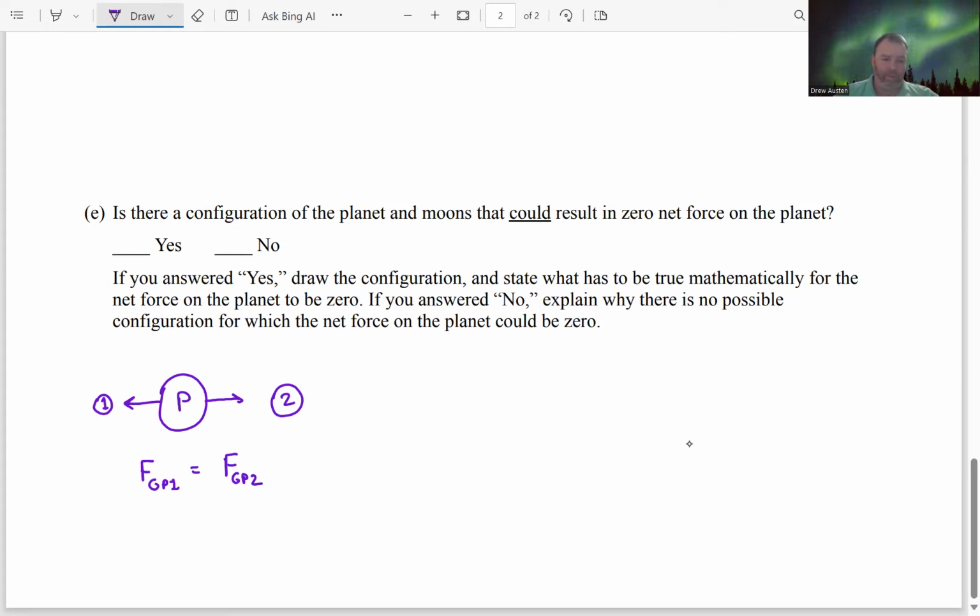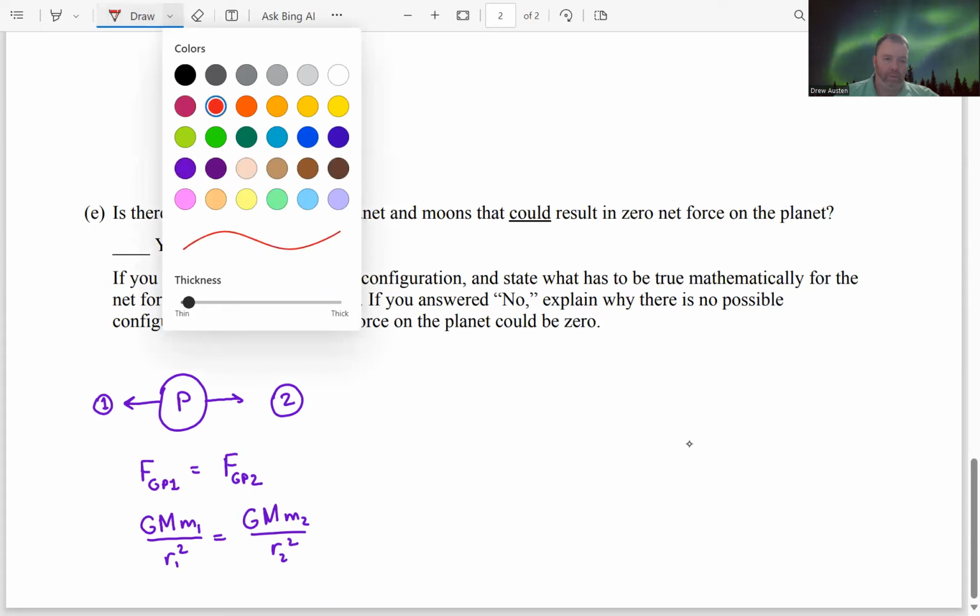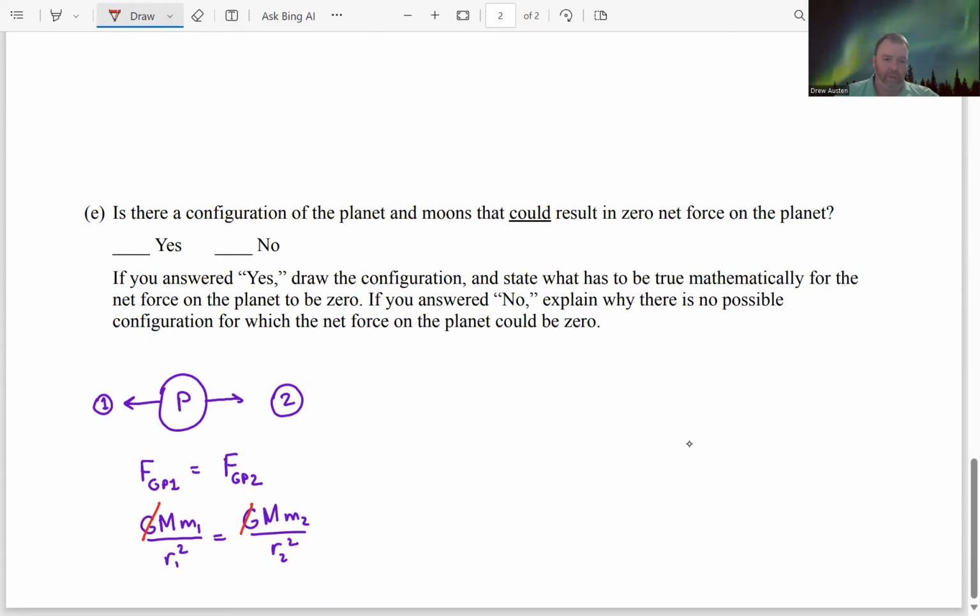So let's plug the formulas in. This is going to be G times the mass of the planet, big M, times the mass of the moon, M1, divided by R1 squared. This is going to be equal to big G times the mass of the planet times M2 over R2 squared. And just as before, we have a big G and a big M that cancel out.